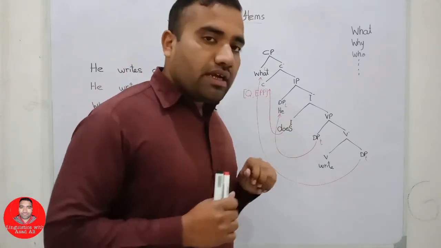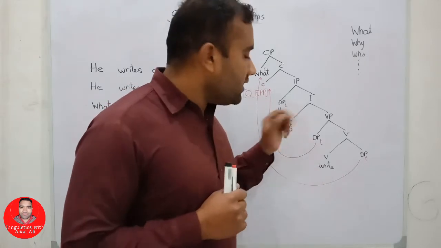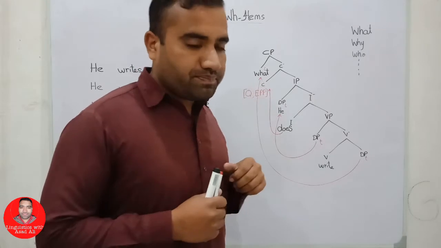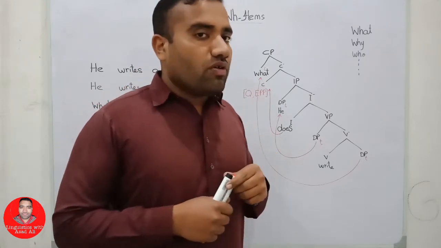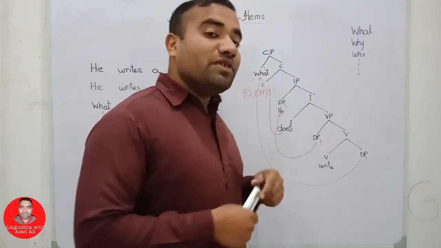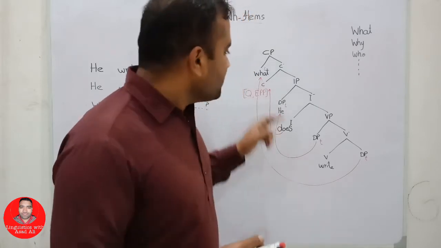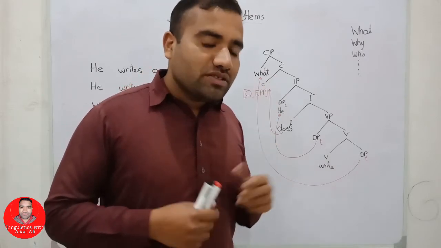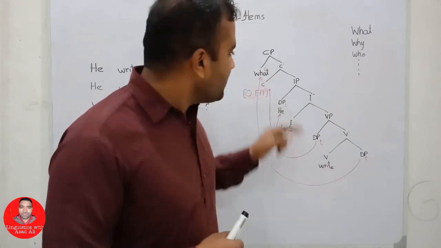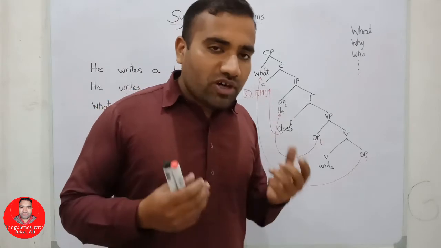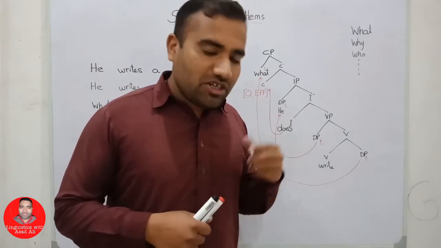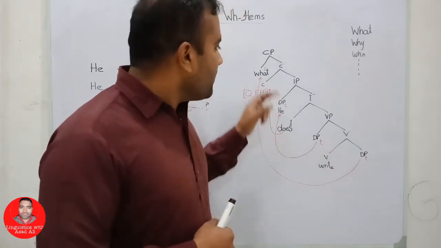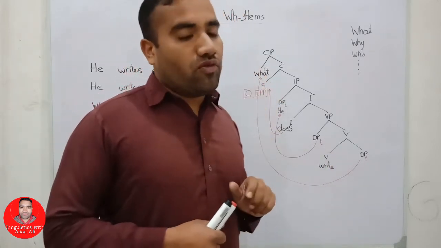Like I has the EPP feature and the case feature, if we take the CP, the force, we can say that, and even Chomsky claimed that, just like I, C also bears some features, because C is also a functional category, and it performs a grammatical function, because it tells us the force.